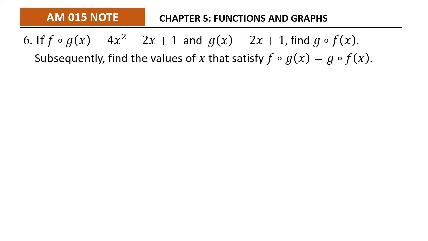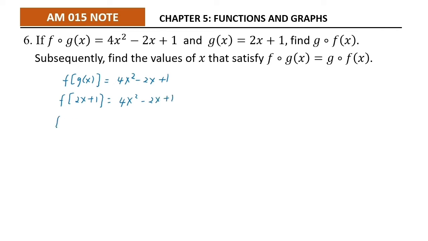We have f of g and gx, so we need to find f of gx equals 4x squared minus 2x plus 1. g is 2x plus 1, equal to 4x squared minus 2x plus 1.